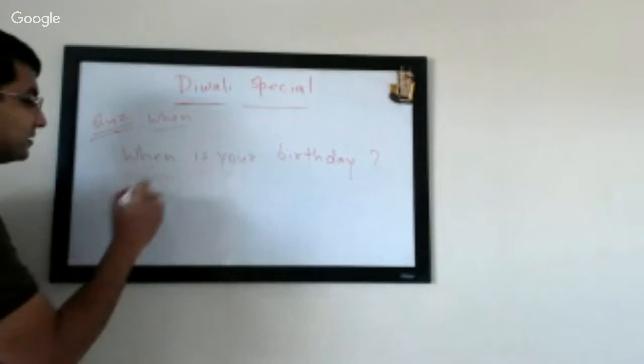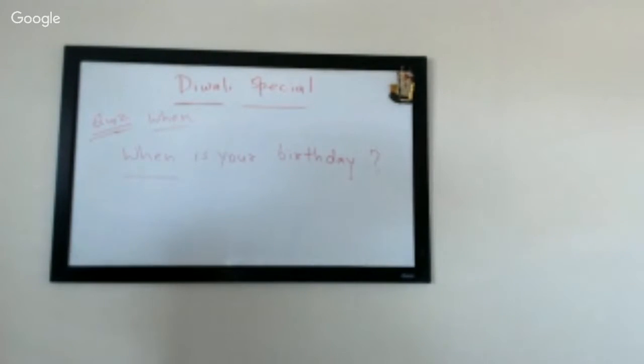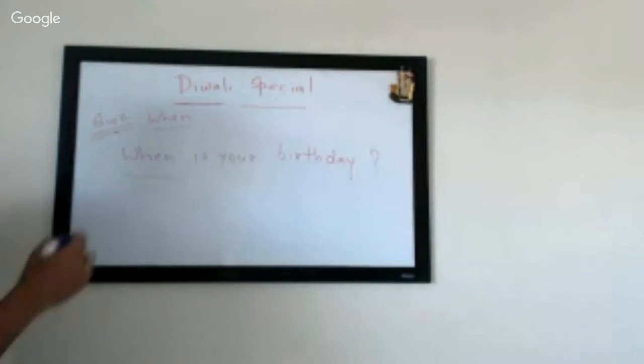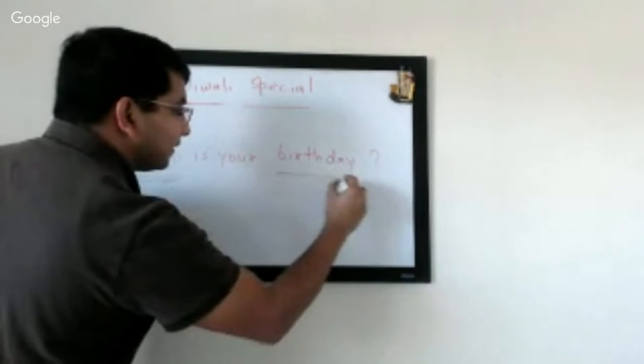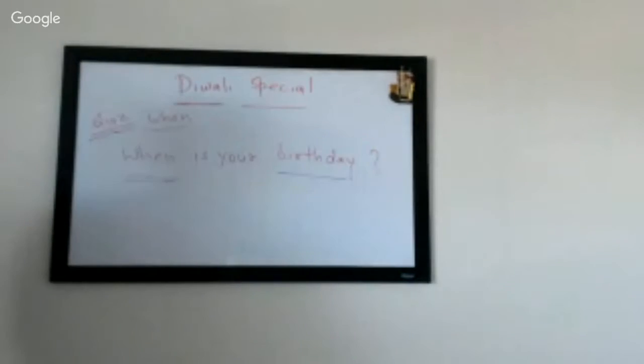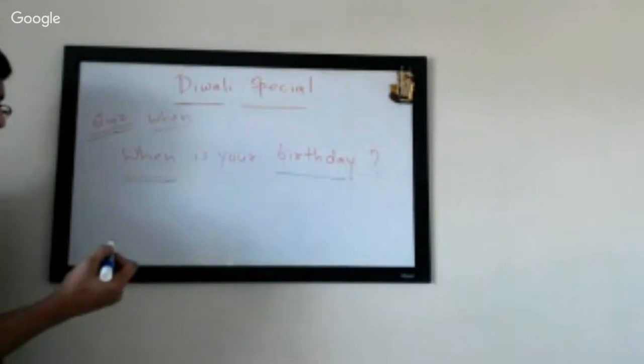Again, remember, when is kab. Okay, so when is kab, and birthday. Some of you already know the Hindi word for birthday. If not, you can always use the formula to ask it, right?